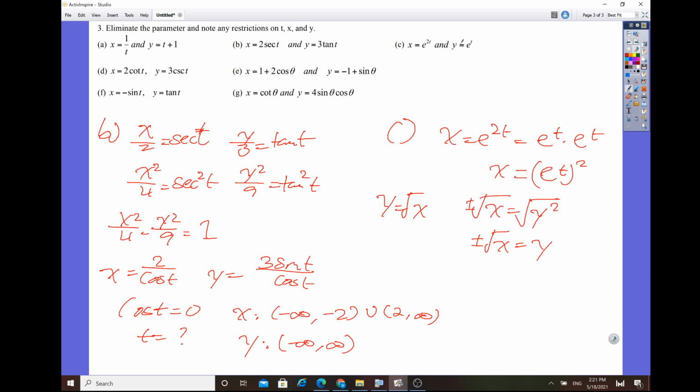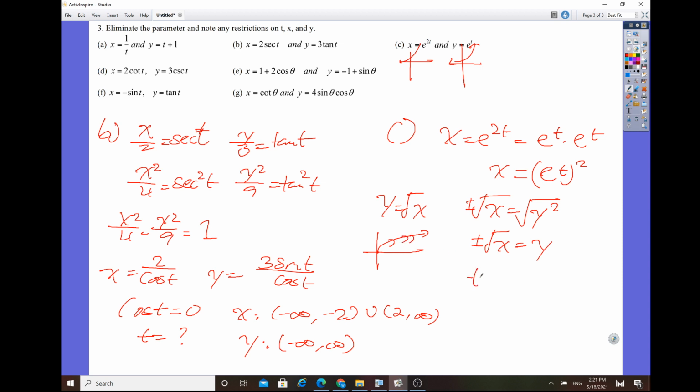Eventually this whole thing is always exponential growth, so they always guarantee being positive. So instead of being the sideways parabola, it's only going in this direction.